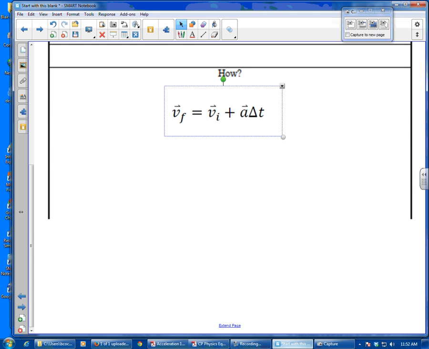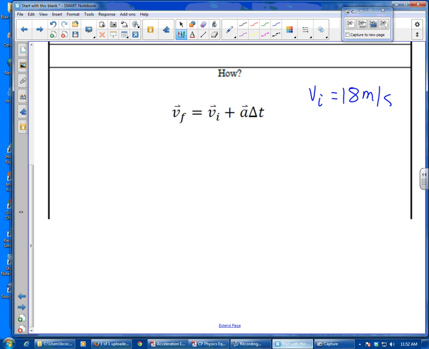And you want me to do the inventory again or just substitute in? Do the inventory? Okay. So let's see what they tell me. They tell me it starts at 18 meters per second. It ends up at 35 meters per second in 10 seconds.